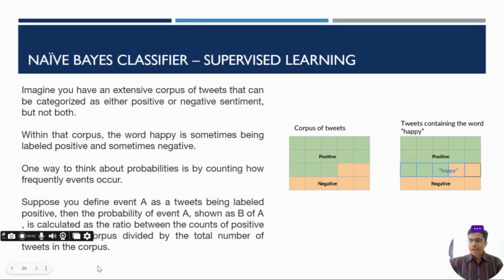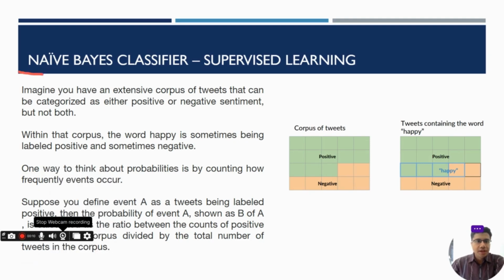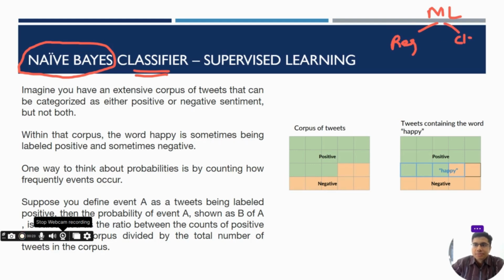Let us continue with our next technique, which is a classification technique. The name of this classification technique is naive Bayes, and it is a classifier. Just to recap, ML has two types of techniques: regression and classification.